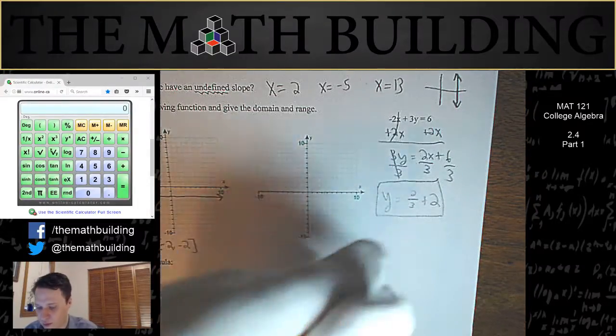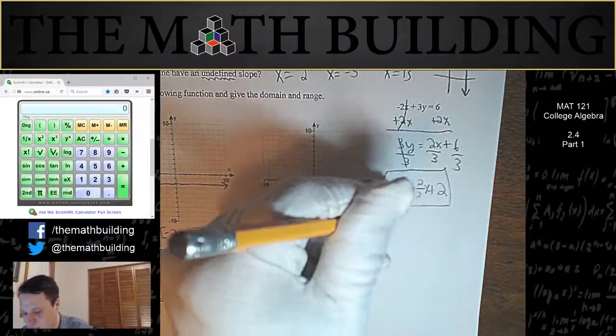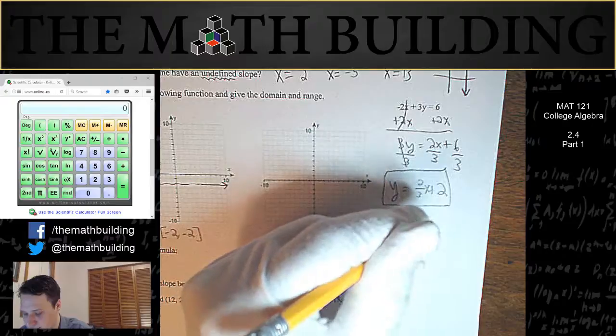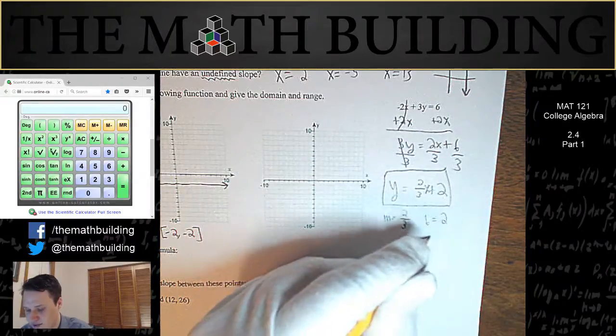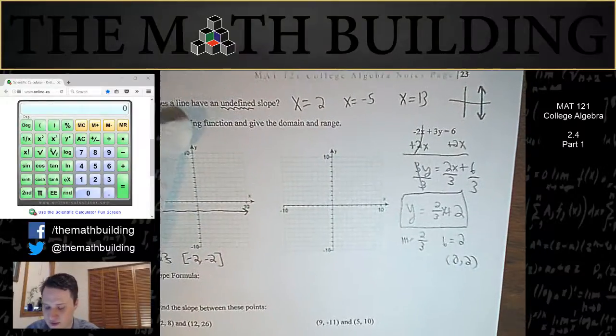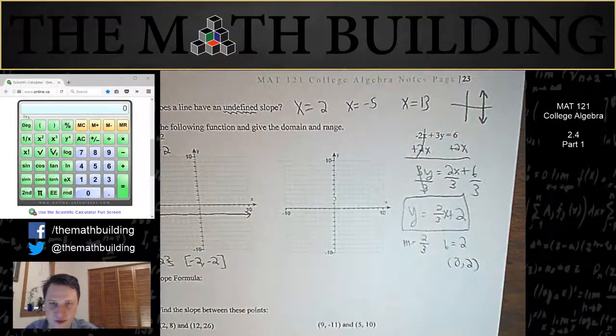y equals 2/3, whoops, I left out my x, 2/3 x plus 2. The slope is 2/3 and the y-intercept is 2, so that means the graph goes through the point (0, 2). So here's our y-intercept on the y-axis at +2.